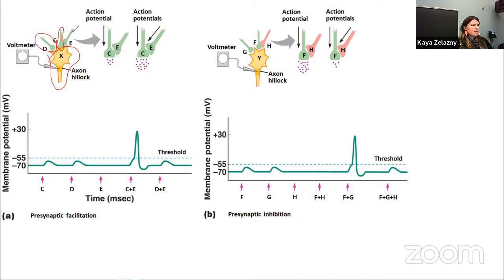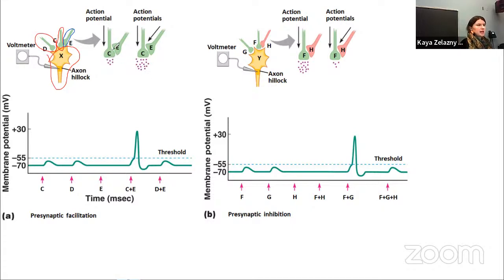And we can see that neuron E is modulating neuron C. E is not acting on neuron X directly, but connecting to the axon terminal of C. So when E fires, it has an effect on the amount of neurotransmitter released by neuron C.